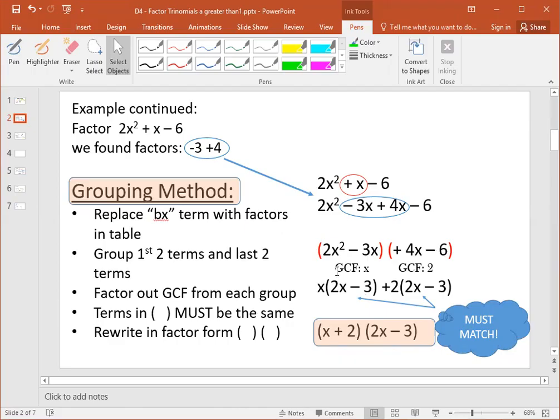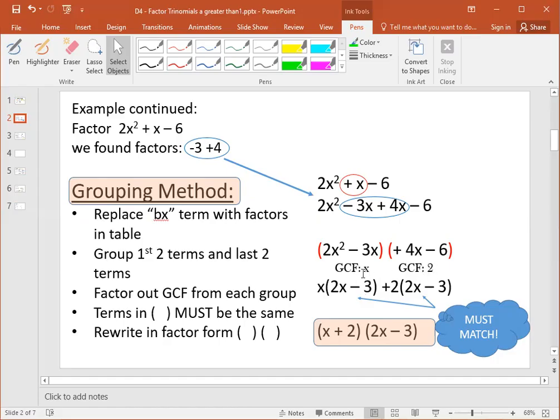And now we're going to factor out the GCF for each group. So in the first section, 2x squared minus 3x, my GCF is just x. In the positive 4x minus 6 group, my GCF is 2. And now we have to factor that out of each group.